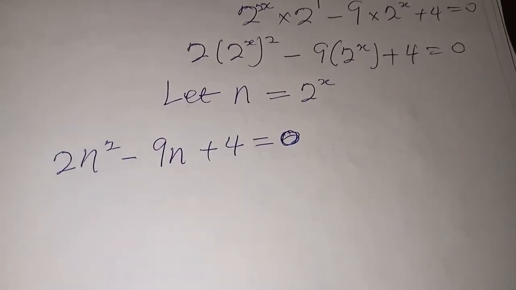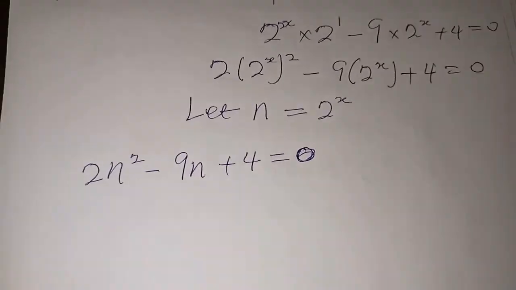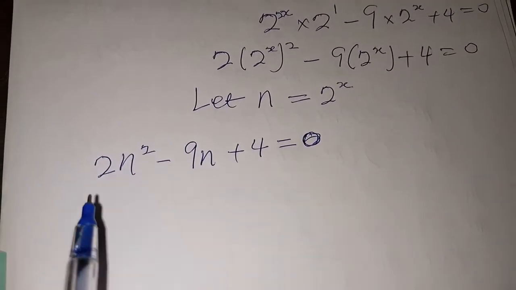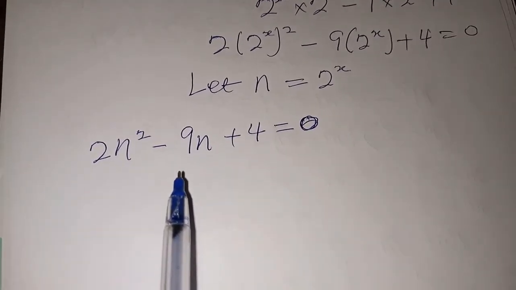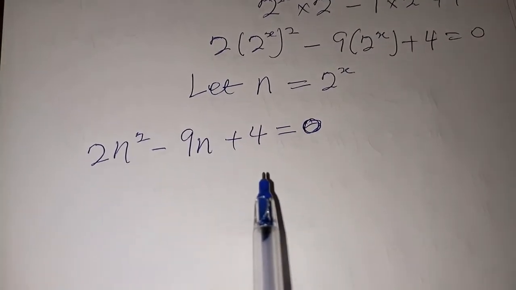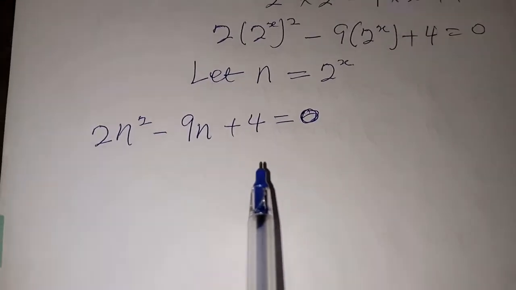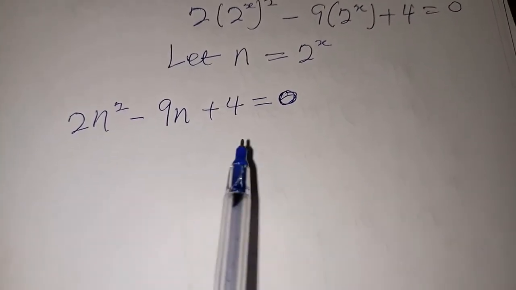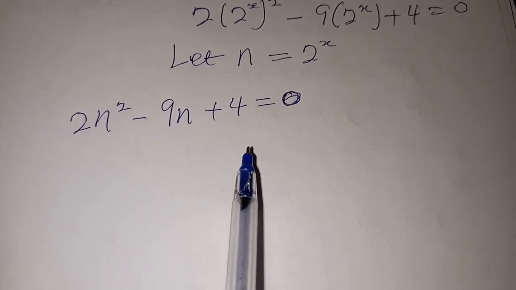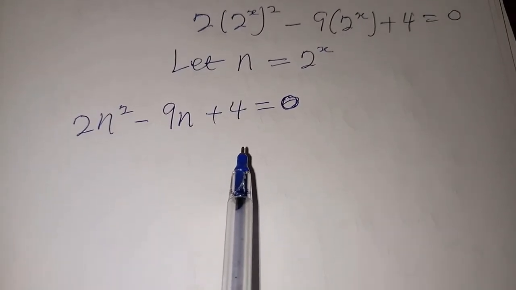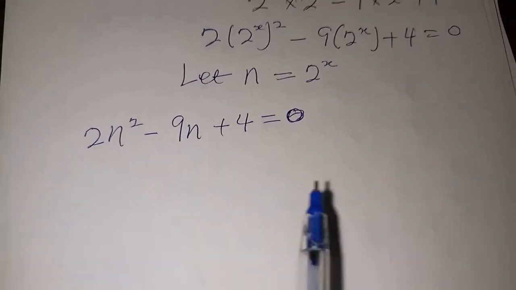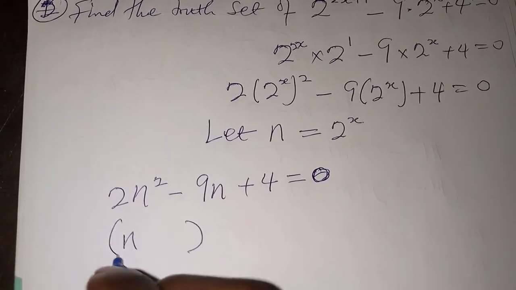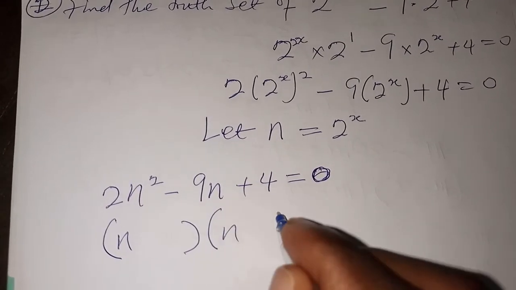Then we are going to solve this one. We are going to factorize first, then we equate each of the factors to 0. So again, in this case, our a is 2, our b is -9, and our c is 4. So here, we are multiplying a and the c. 2 times 4, which is 8, positive. So let me write the n down, equal to 0.